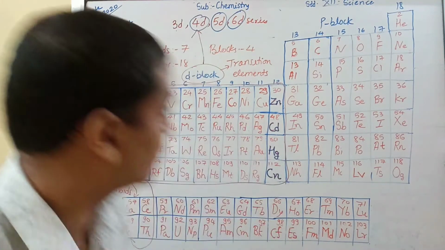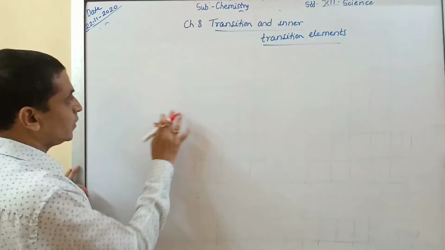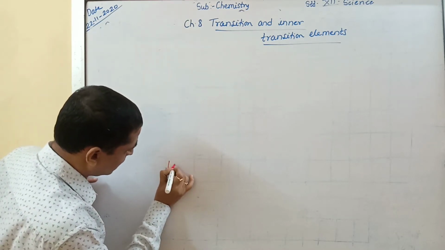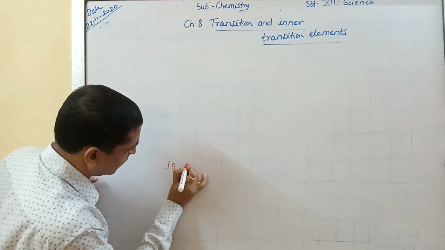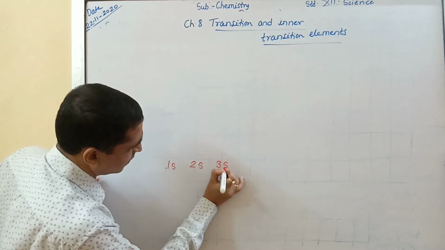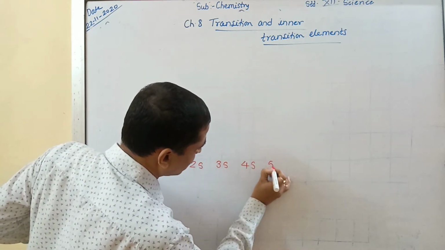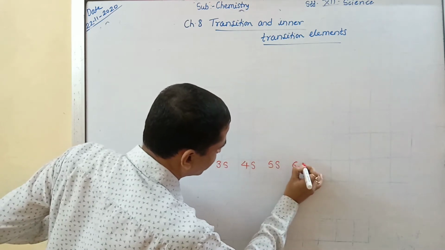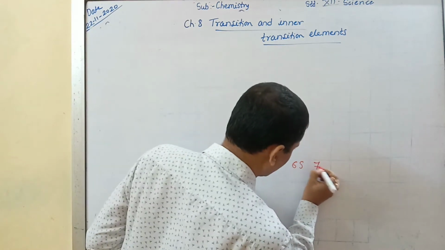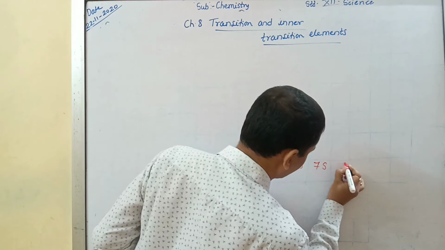Let me rub this. I am drawing one triangle. 1s, 2s, 3s, 4s, 5s, 6s, 7s and 8s.